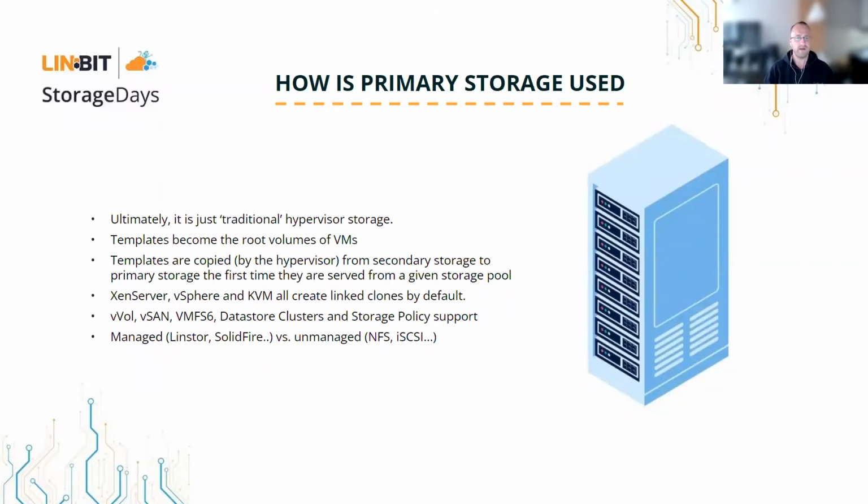The same goes for KVM, XenServer or XCP-ng and so on. Now, when we create a new volume from a template, those volumes are actually linked clones of that template. So effectively, templates become the root volume of the VMs, not literally, but kind of. Those templates are copied by the hypervisor used in your environment from the secondary storage, which is a place where you keep templates, ISOs, and so on, to the primary storage when they are requested for the very first time, and later they are cached on that storage pool, so they are never copied again.